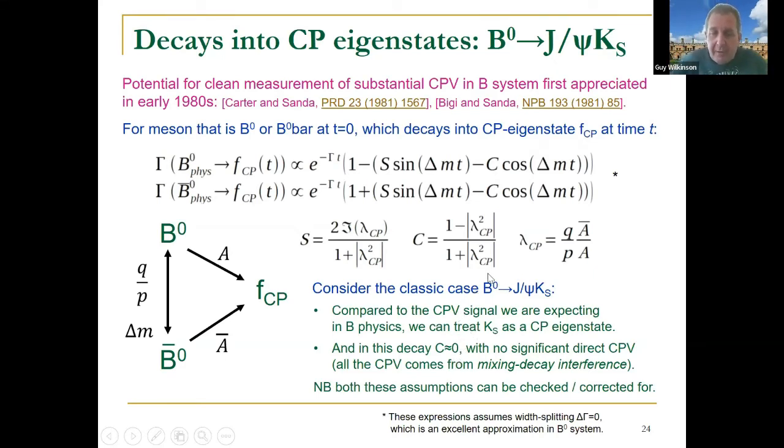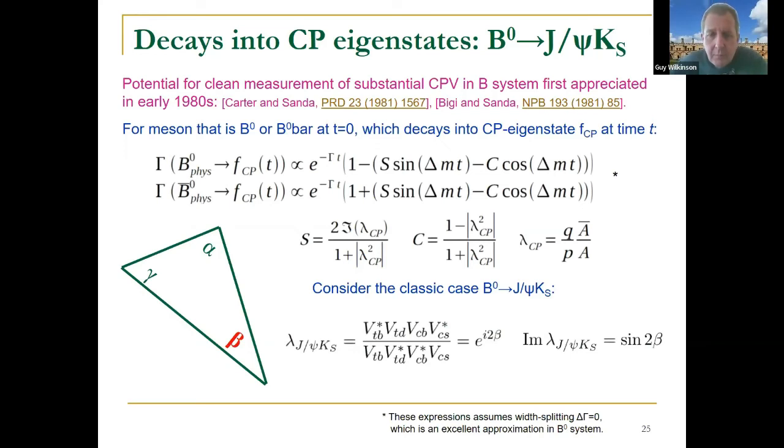These are both assumptions, approximations, but very good ones, and they can be checked and corrected for. And so we're left with having to worry about the imaginary part of lambda for J/psi K short, because this is giving us this sine term, and this is sine 2 beta, where beta is our angle of the unitarity triangle.